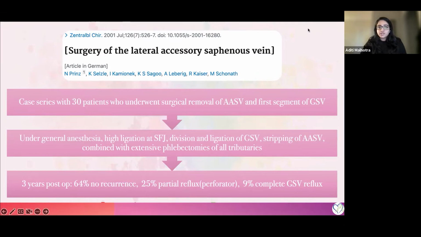Under general anesthesia, they did high ligation at the SFJ, division and ligation of the GSV, and then stripping of the ASV combined with extensive thrombectomies of all the tributaries. And 3 years post-op, it was seen that 64% of patients had no recurrence, 25% had perforator reflux, and then 9% had complete GSV reflux.